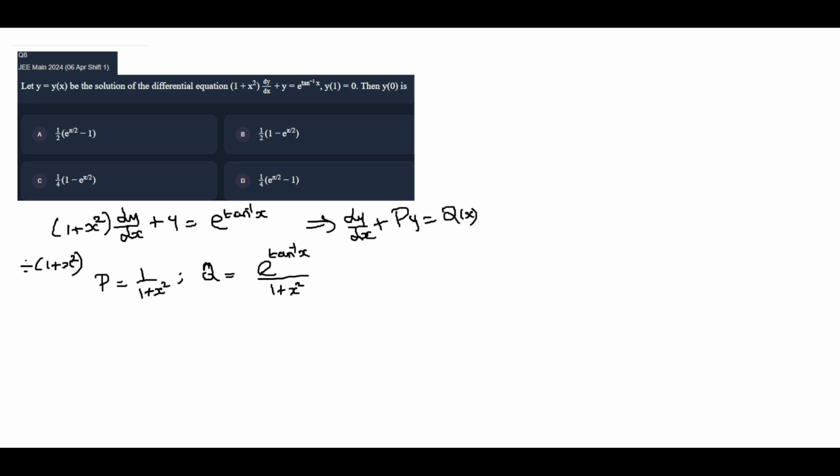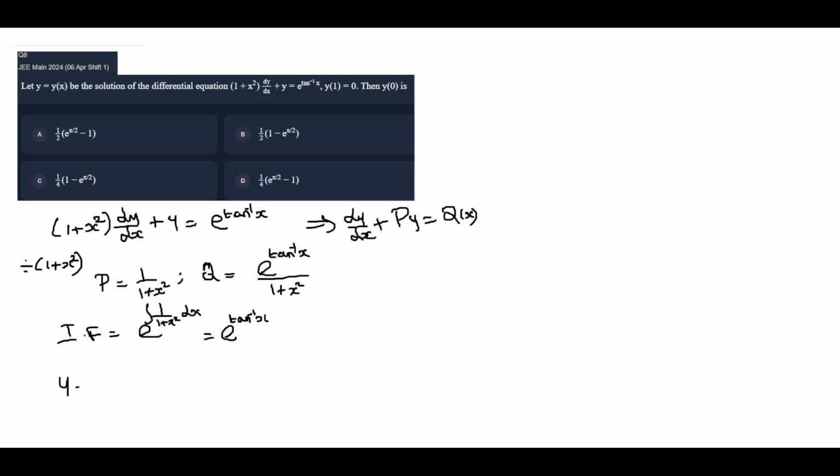So integrating factor IF equal to e power integral 1 by 1 plus x square dx, which is equal to e power tan inverse of x.